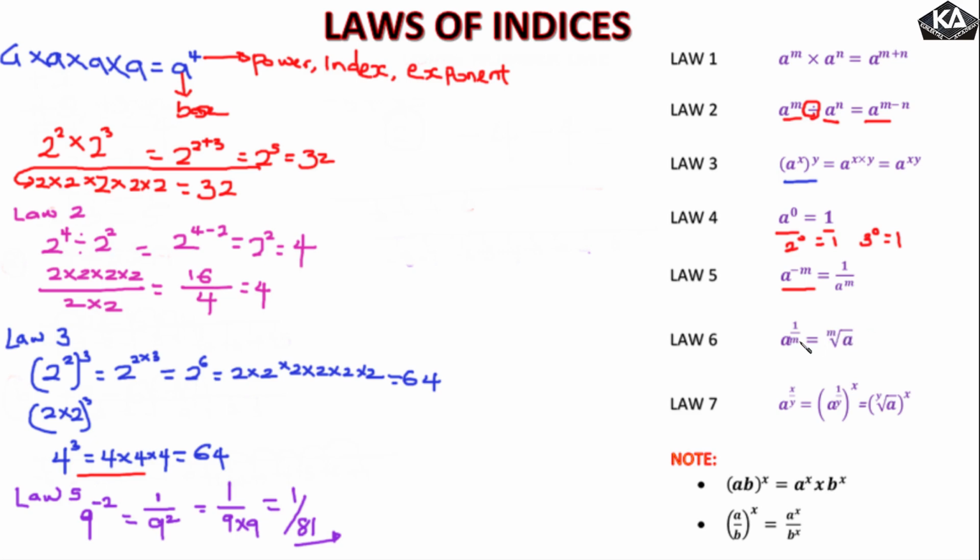The m here will be the number of times a number, when you multiply it, will give us a. I will explain what I mean.